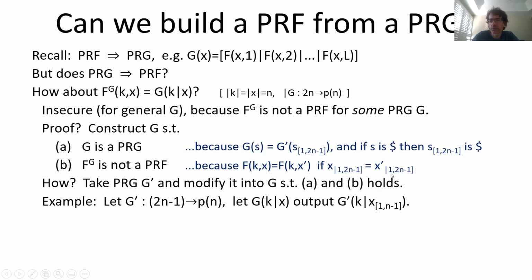So just take two X's whose last bit differ, but all the bits before are the same. Then Fk on X will be the same as Fk on X prime. And of course, a random function would collide on these inputs with only negligible probability.